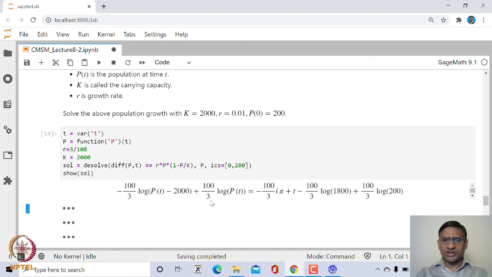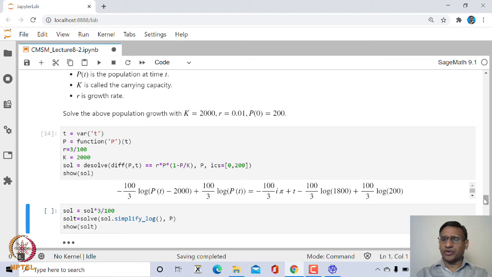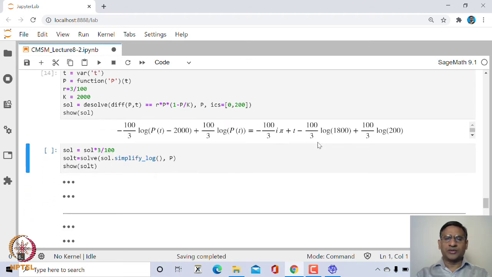You can see here that throughout there is a constant, minus 100 by 10. So, you can replace that, or you can multiply throughout by minus 3 by 100, and then what you are left with, you can solve for log; there is an inbuilt function to solve in terms of log. So, it will find the value of p.